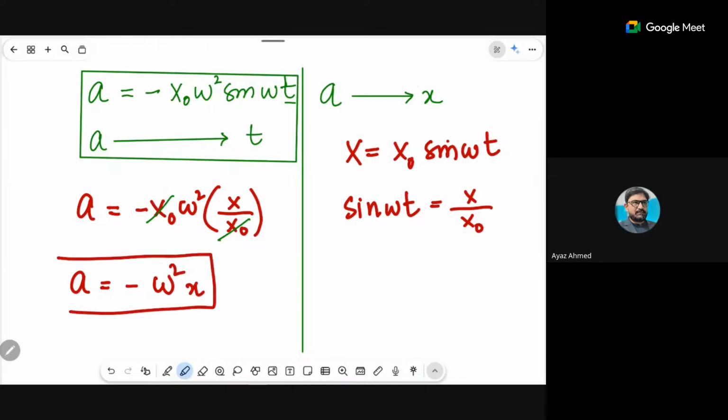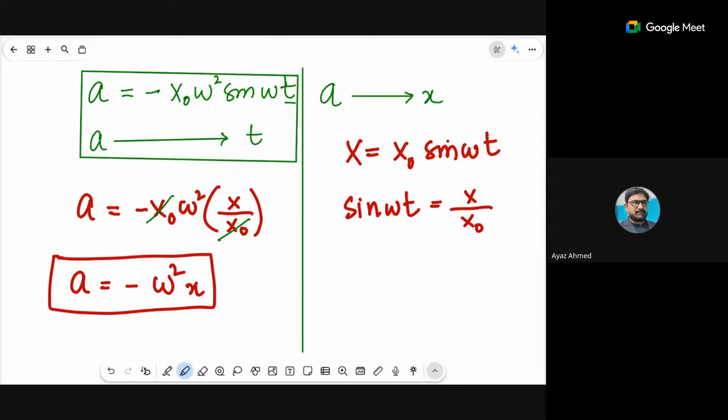Did you notice this relation? Yes, Hanzala, Huda, and Zoya. Is this clear to you?